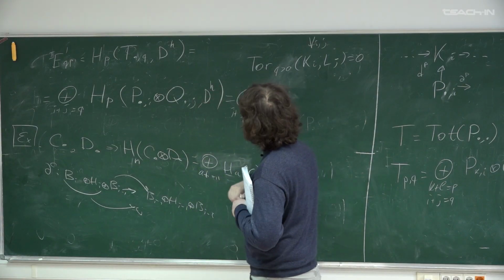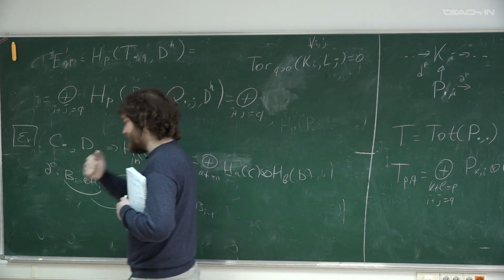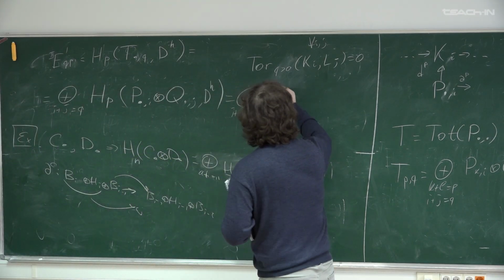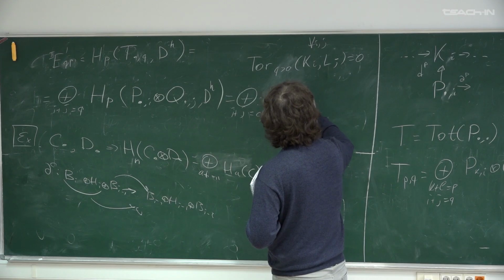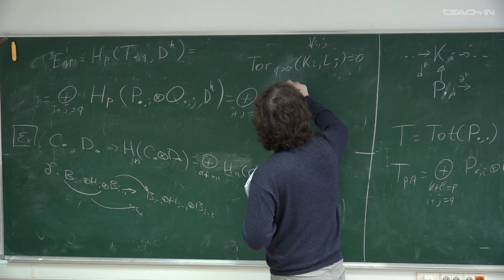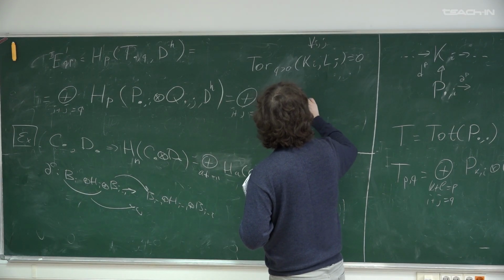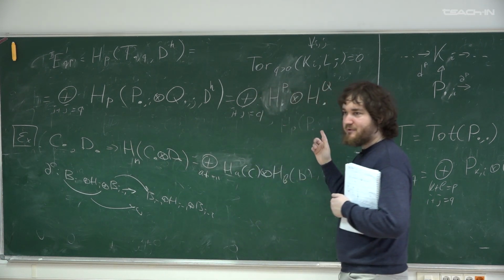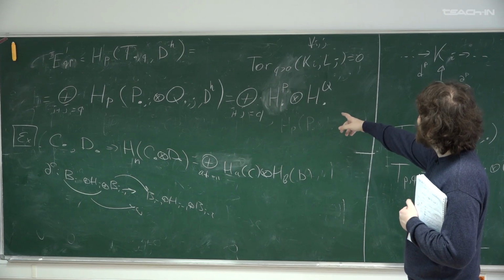And now what's the homology of this chain complex with the horizontal differential? It's the homological part of these resolutions. It's the resolutions of homologies, in fact. It's the homology of P_H tensor the homology of Q_H. Do you remember what this is? It's the homological part.